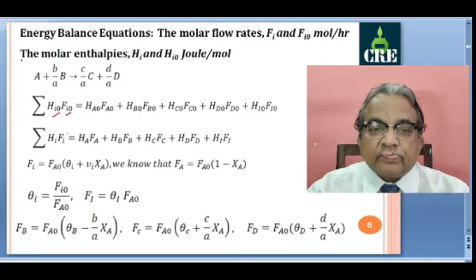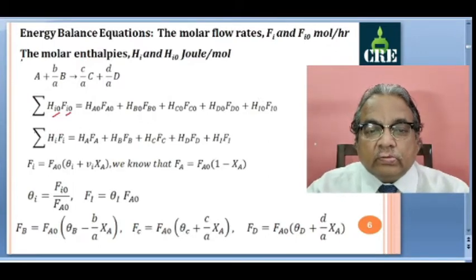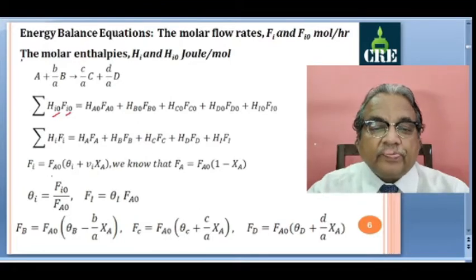This is inert. Similarly, the summation of Hi Fi, where I denotes A, B, C, D and I: Ha Fa plus Hb Fb plus Hc Fc plus Hd Fd plus Hi Fi.